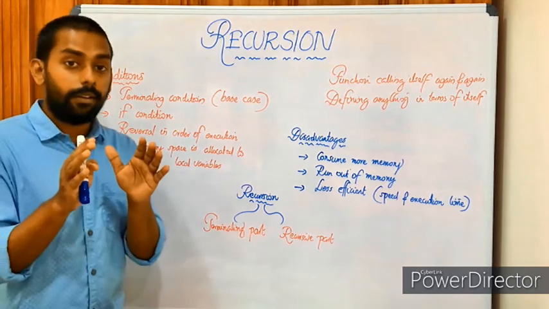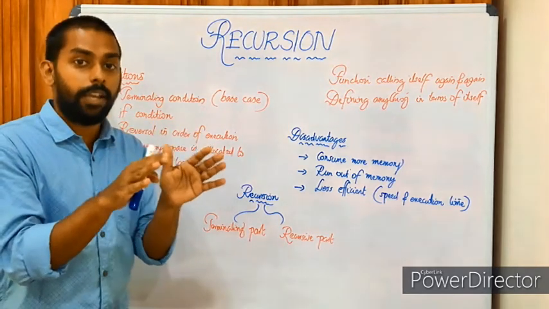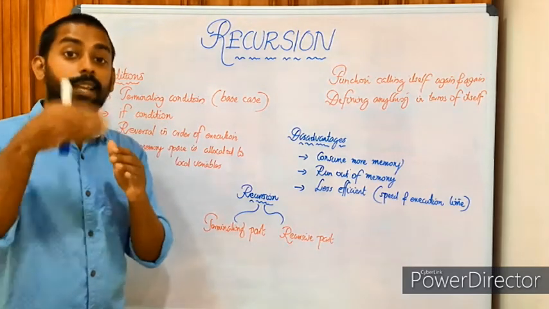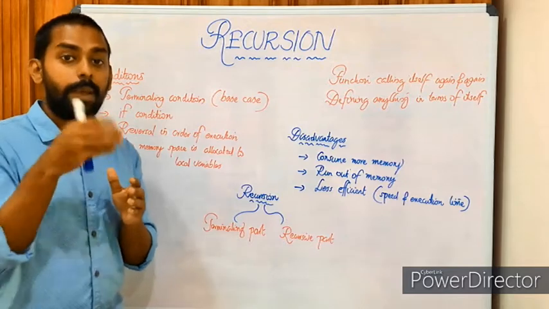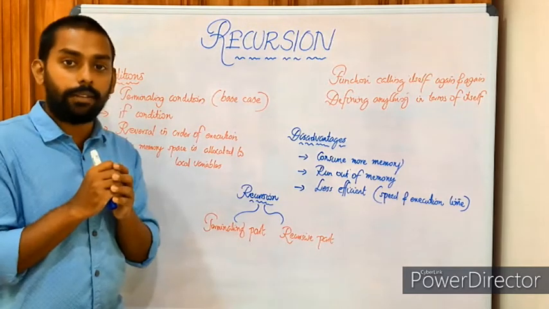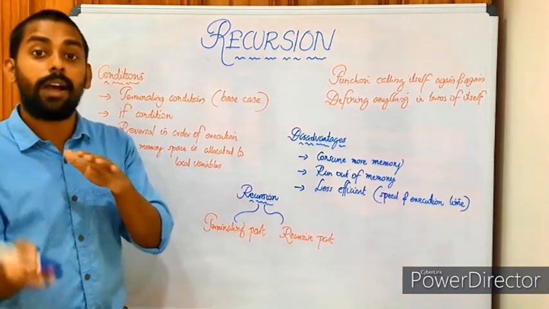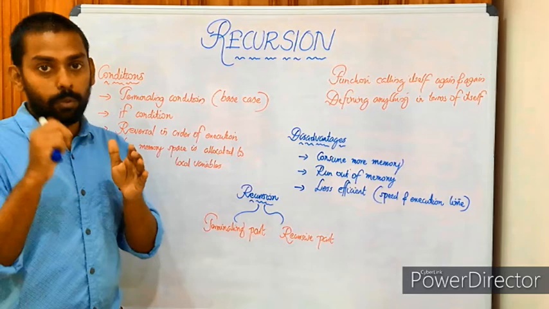Instead, it will be placed onto a stack, okay? For the second function call, the same happens. It won't be executed at the time; it will be placed onto the stack above the last call. Now we have two calls, okay?